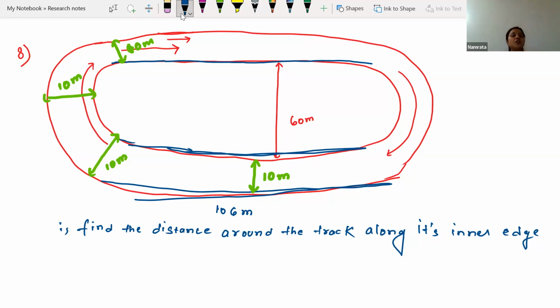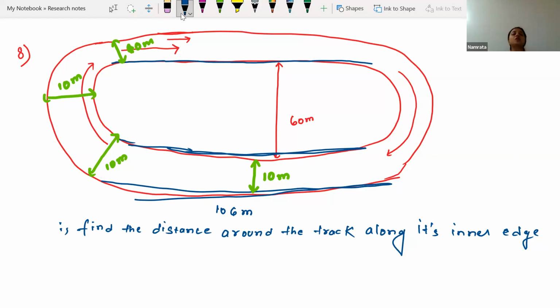That means the perimeter of the shape, right? If we are moving along the boundary of any circular path, that means the circumference of the path. If we are moving along the boundary of any square, that means we are covering the perimeter of the square.